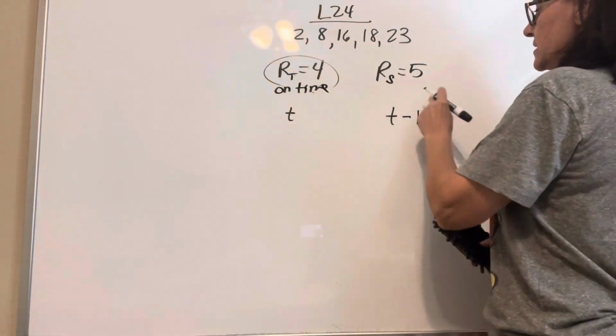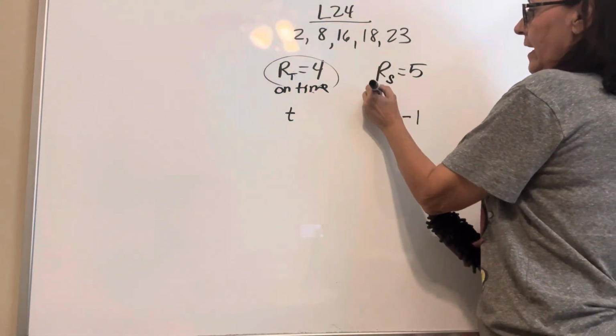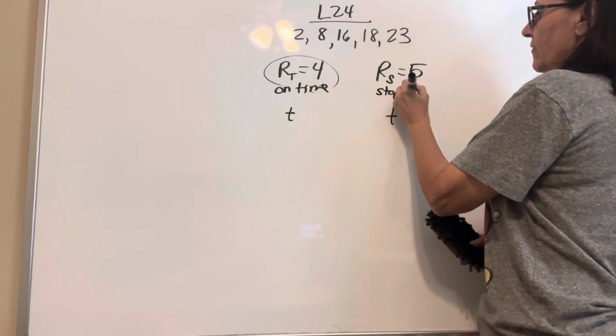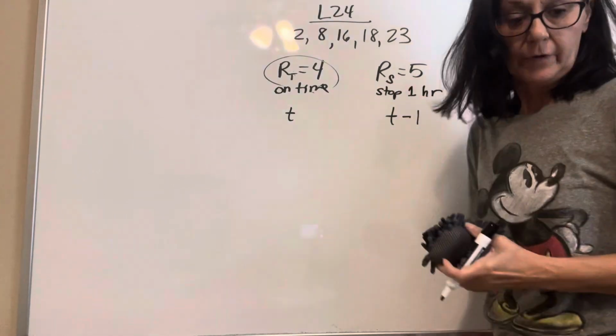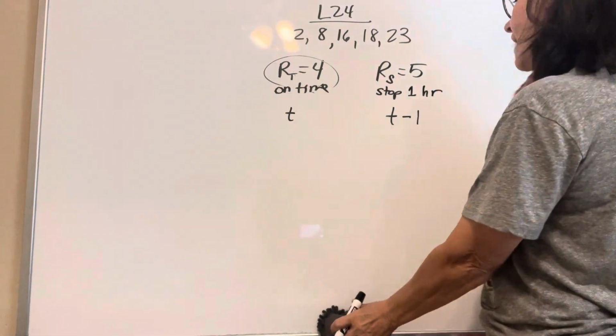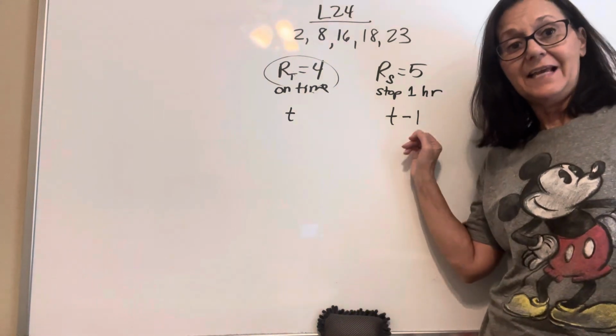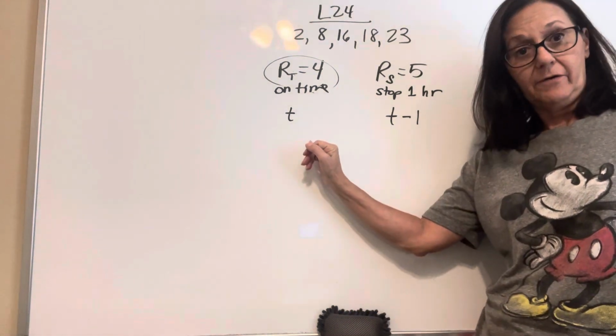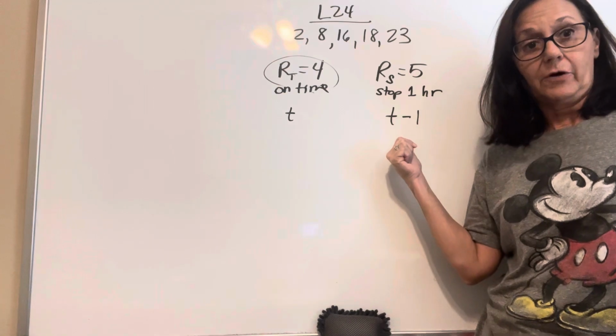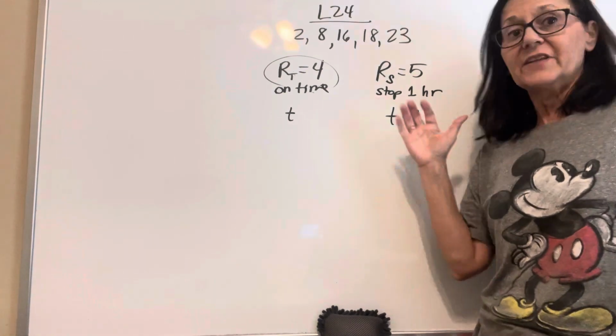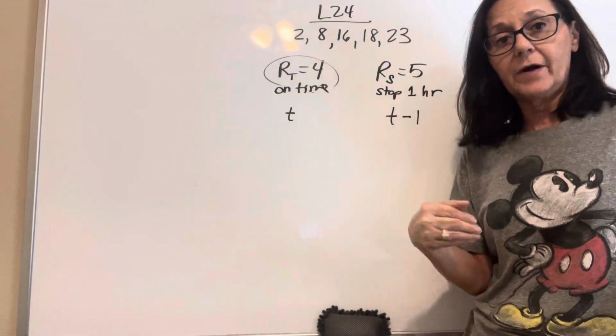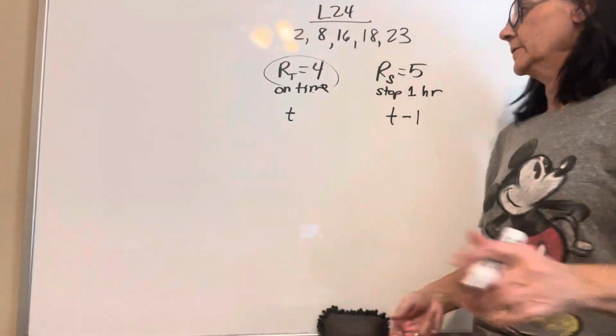This is the rate with the stop, and we stop for 1 hour. So that means we're traveling 1 hour less here than we are here because we stopped for an hour. But the distance is the same. The distance is from where he is to the battlefield.